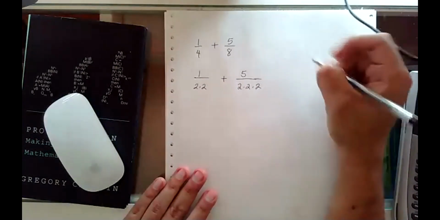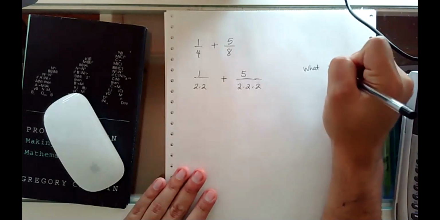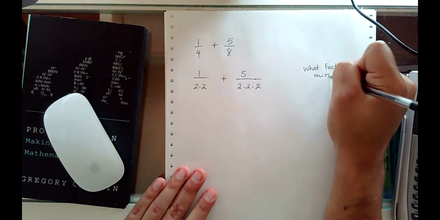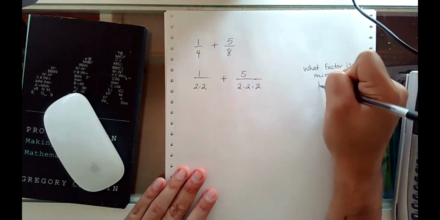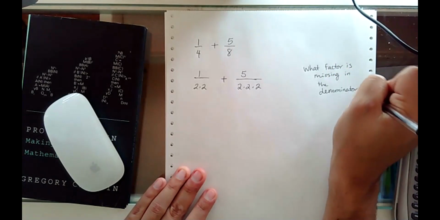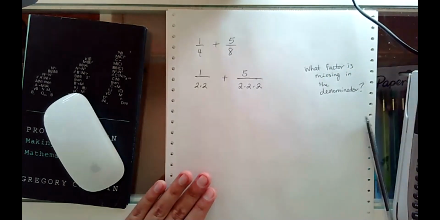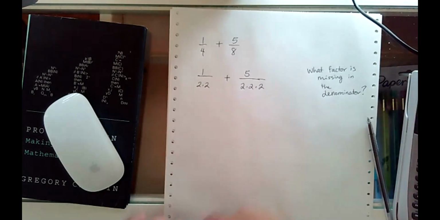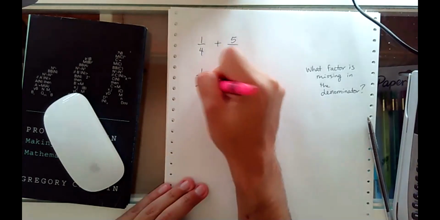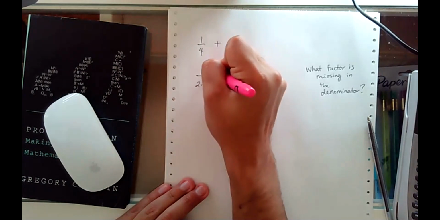So I can ask myself, what factor is missing in the denominator? Well, I'm missing a 2 over here, right? I have 3 2's down here. I need another 2. If I put a 2 down here, I have to multiply by a 2 up here.